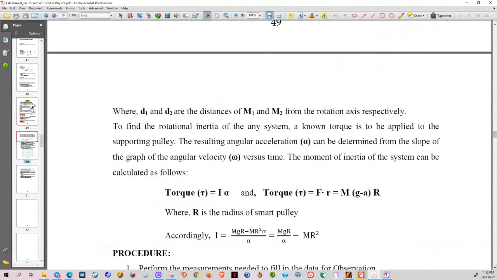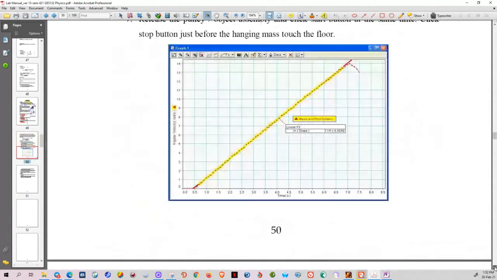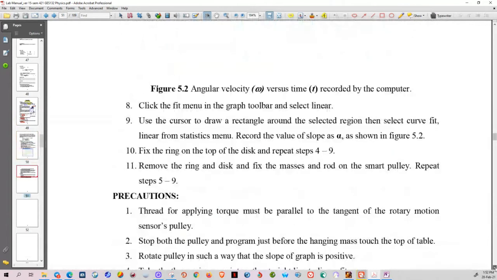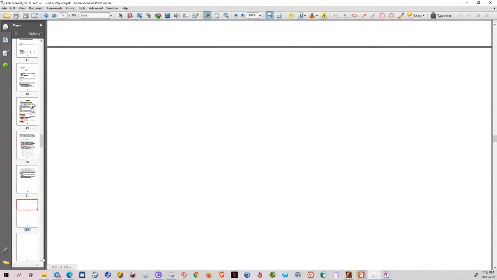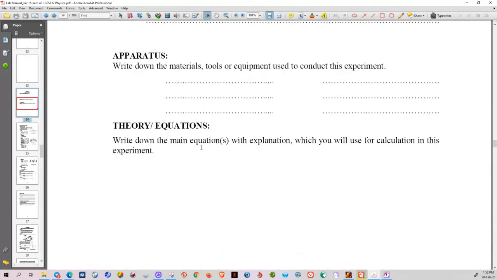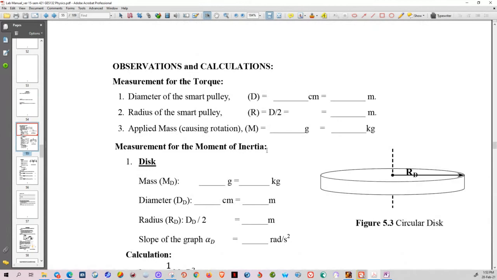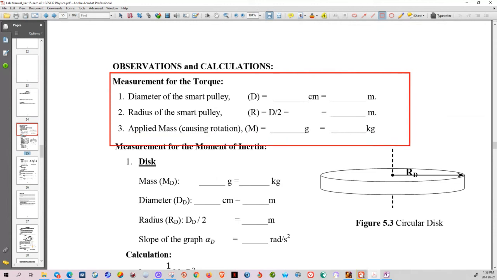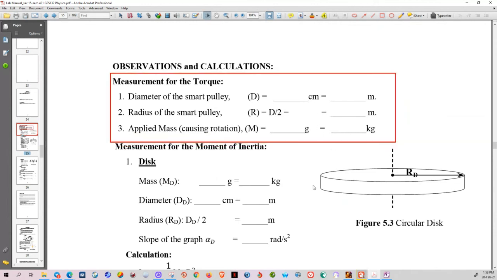How are we going to do our experiment? Okay, let's move forward, and let's go to the data sheet. Of course, all these things you can write by reading your book, as I have shown you before. The first thing that you must understand is, how do we find the torque in the system? But this is by experiment, okay?